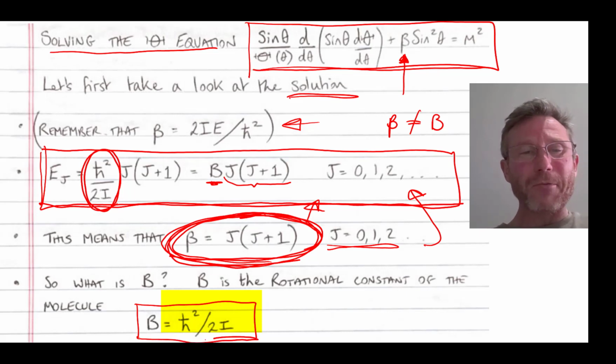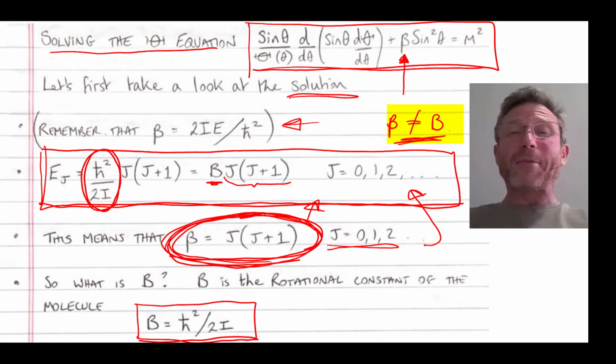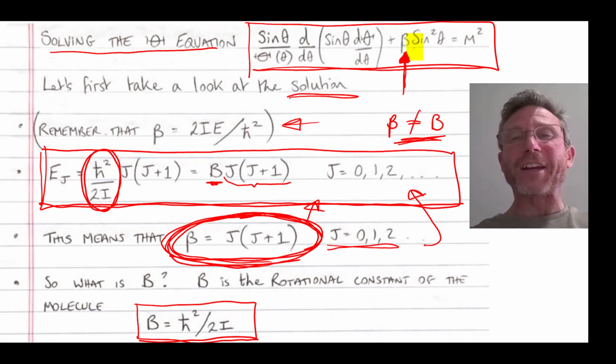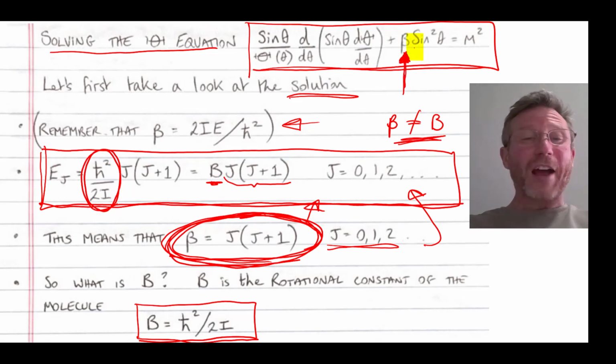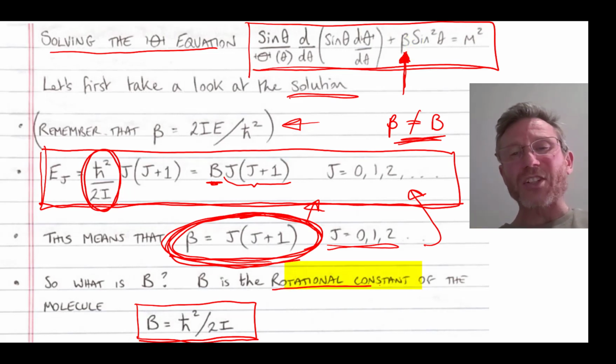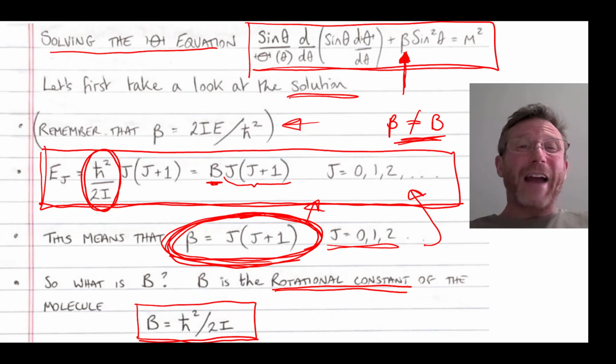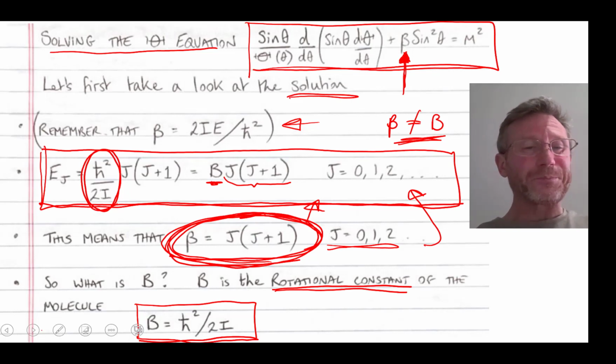So this is my reason for saying earlier on that beta is not the same as B. It's very confusing in here. We've got this beta term in our theta equation, but we also have a B. B is called the rotational constant of the molecule. What I'm doing so far in this lecture is providing you some factoids, and we're going to start thinking about where they come from as we work our way through this chapter.